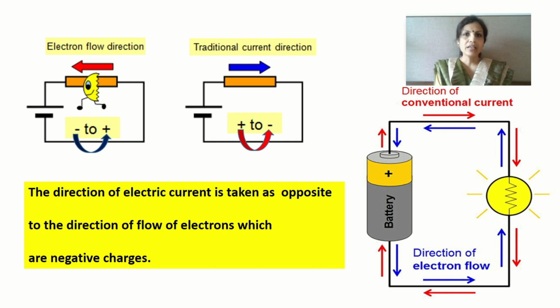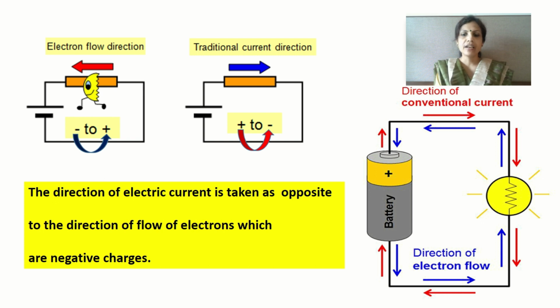So I can summarize it like this: the direction of electric current is always taken opposite to the direction of flow of electrons, which carry negative charge. Now the figure on the right side of this slide will give you a clear idea about the direction of flow of electrons and the direction of flow of conventional current.